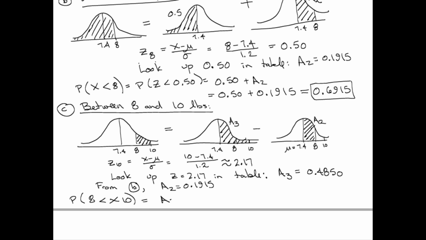So we're going to do A3 minus A2. So 0.485 minus 0.1915 gives us 0.2935. That's the probability that the baby weighs between 8 and 10 pounds.